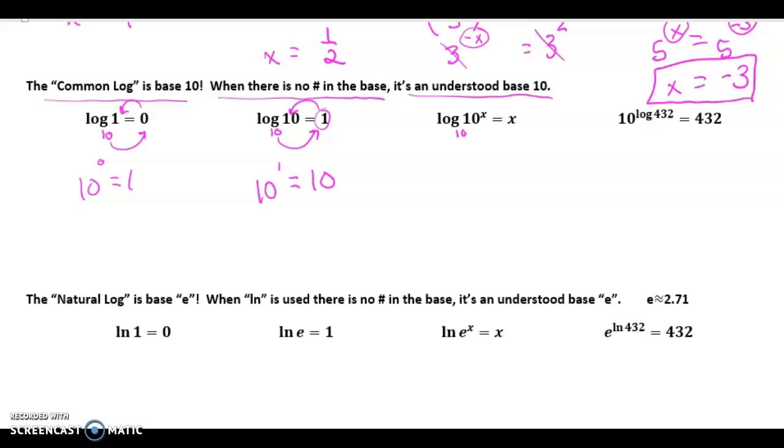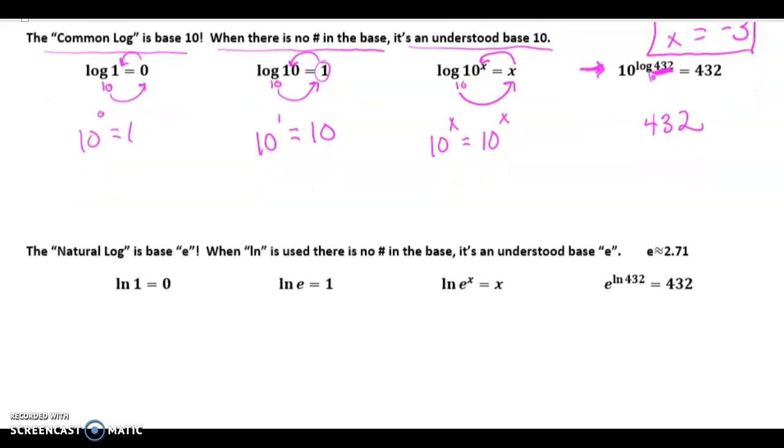And 10 to the x power is equal to x. And this is the Nike rule. Just do it. There's no work to it. There's a little understood 10, log base 10, and the answer is always this number. So 432 would be our answer.